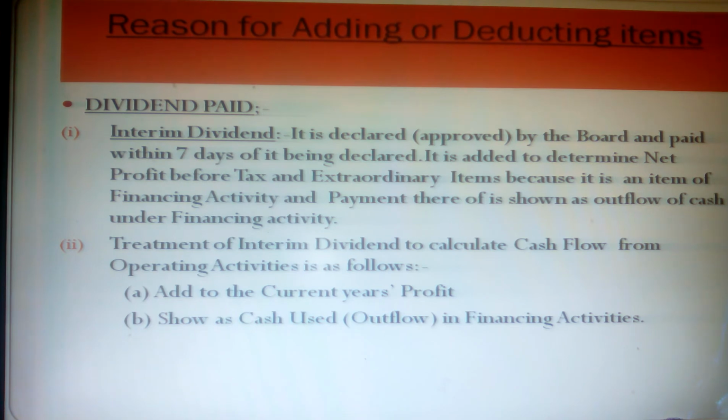First, a very important thing: dividend paid. There are two types of dividend. The first one is interim dividend. It is declared, approved by the board and paid within 7 days of being declared.